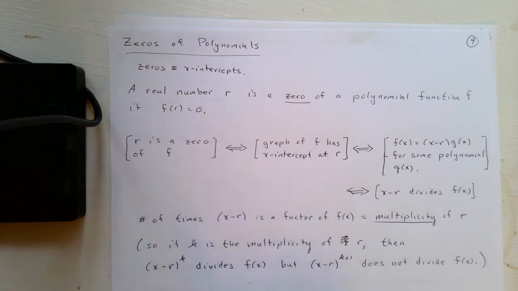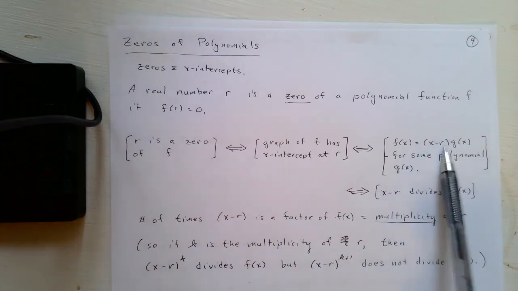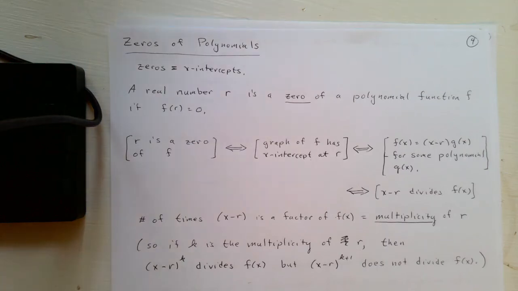Now, one thing that's maybe not as obvious is that this also means that x minus r is a factor of f of x. That means f of x can be written as x minus r times some other polynomial. Another way of saying it is that x minus r divides f of x.